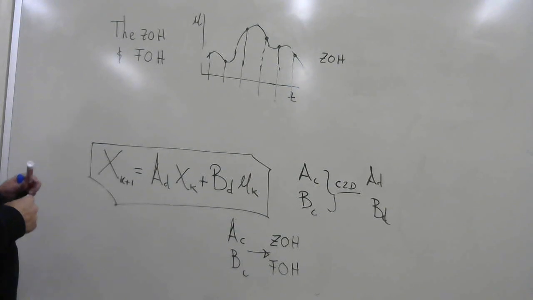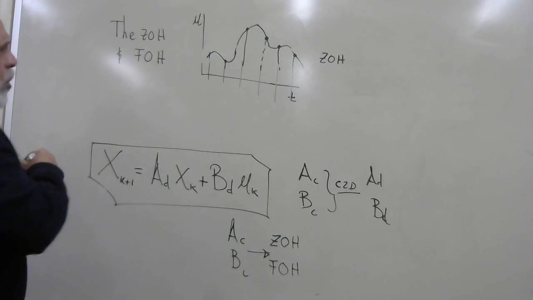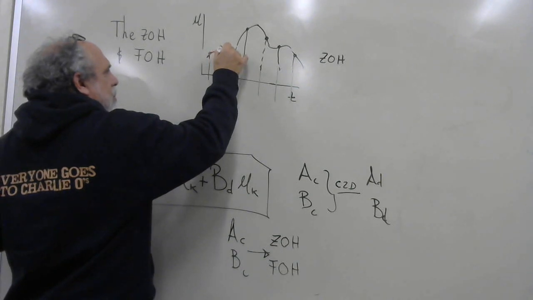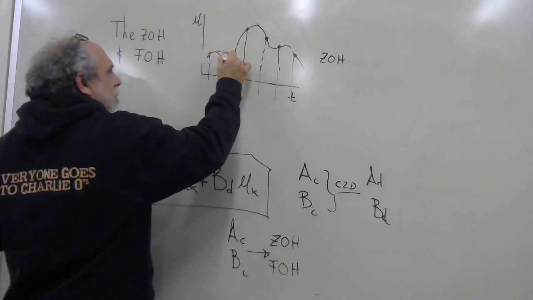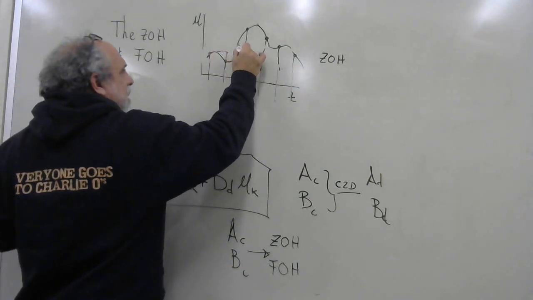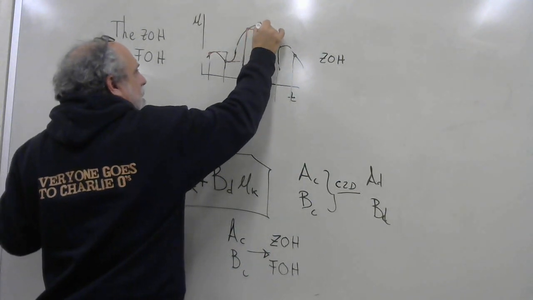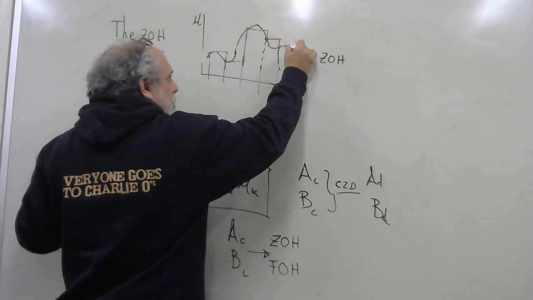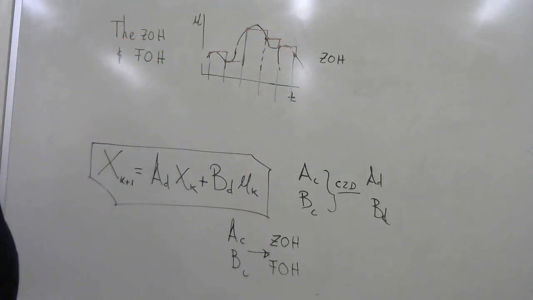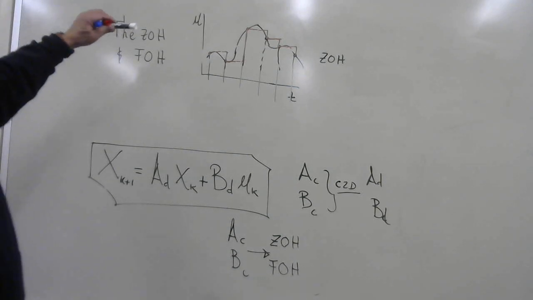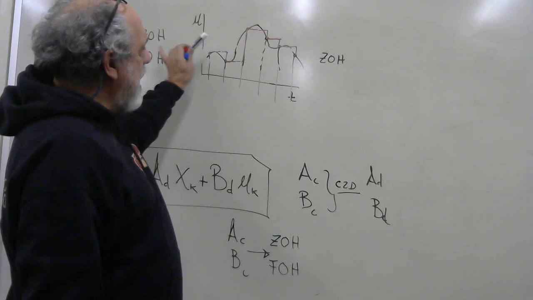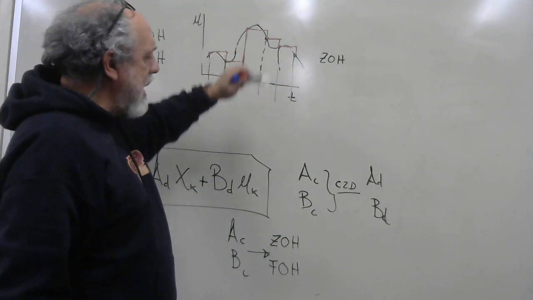So if the input was like that, the zero order hold is simply to take the value and keep it constant until you find the next one, then keep it constant until you find the next one, and so on. So you replace the input by a stair like this, and you say, okay, I don't really have the black line, I have the red line.